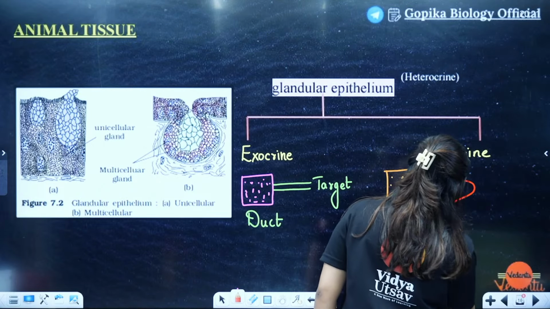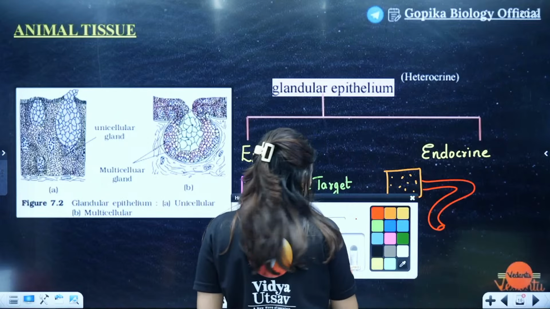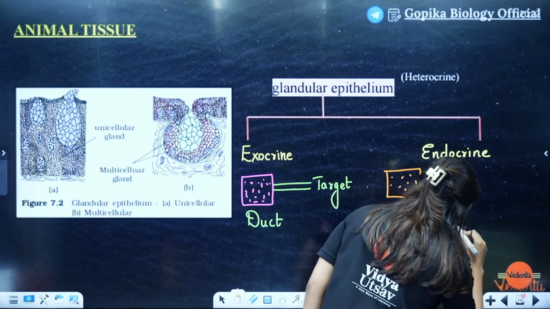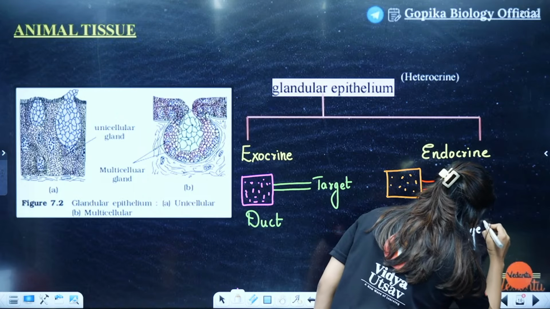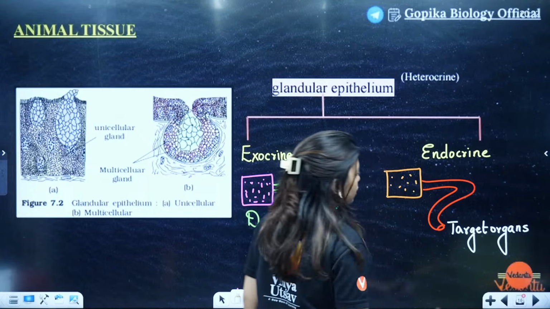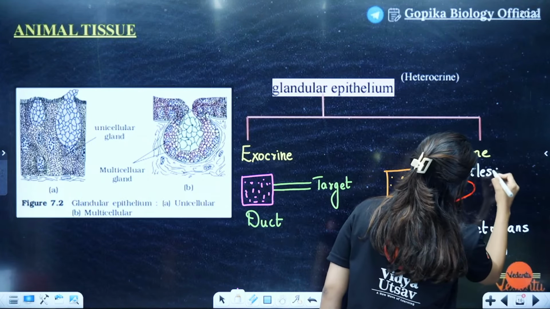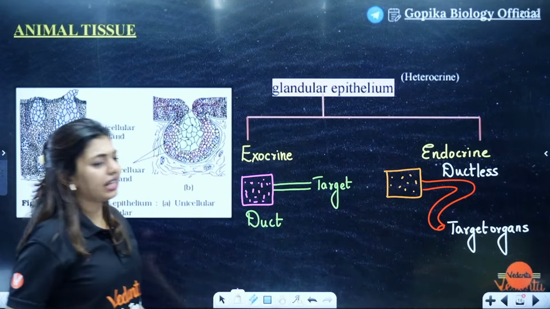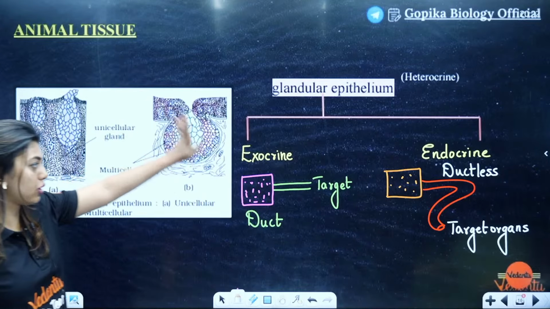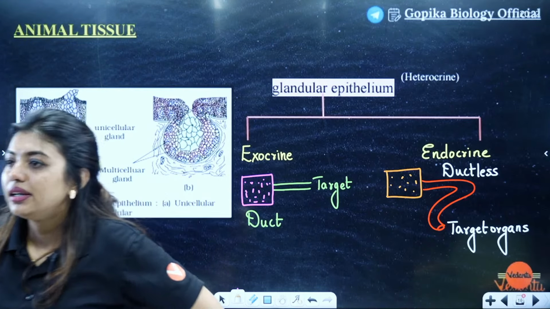We tell the blood, please take the secretions and give them to the target organs. So these are ductless. Understood? That's all you have to study. Endocrine you will study completely in chemical coordination; exocrine you will study a little bit.